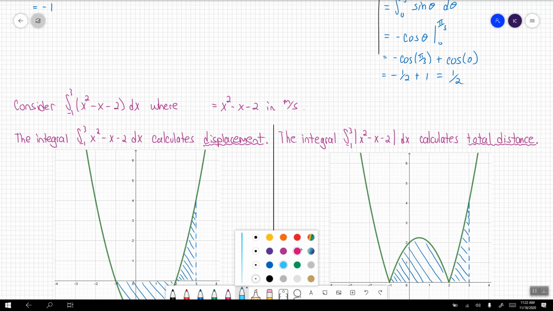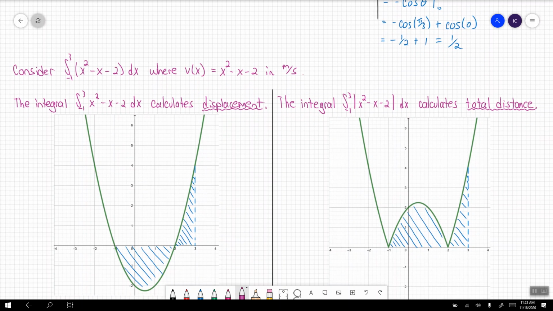I'm going to call my velocity v of x, and it's given by the function x squared minus x minus 2. This is given in meters per second. If we were measuring in the US customary system, it would be in feet per second.